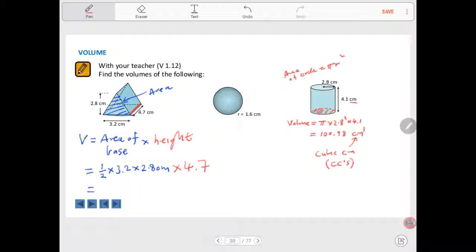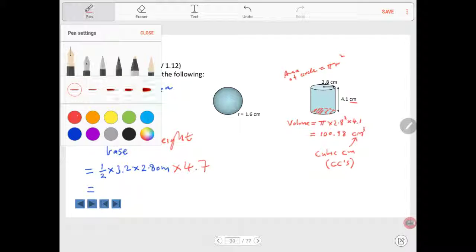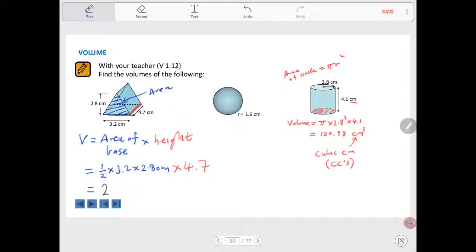Okay, so half times 3.2 times 2.8 times 4.7. The volume is 21.056, and we've got cubic centimetres. So 21.056 cc's. Okay, so there's the volume of that prism.